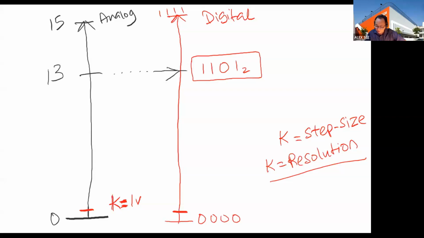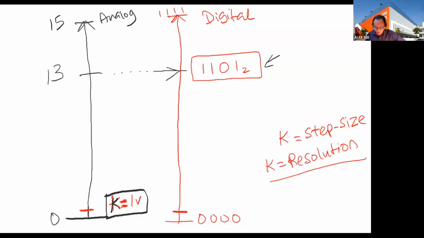How did I arrive at this? Very simple. Given a step size K equals 1 volt, how do I get this? My question was 13, right? How to represent it?